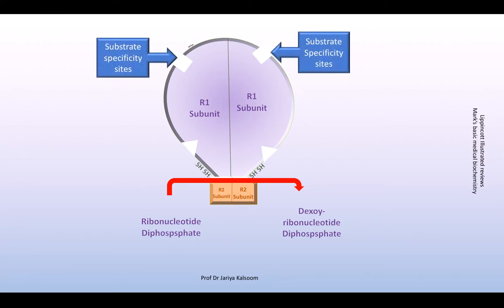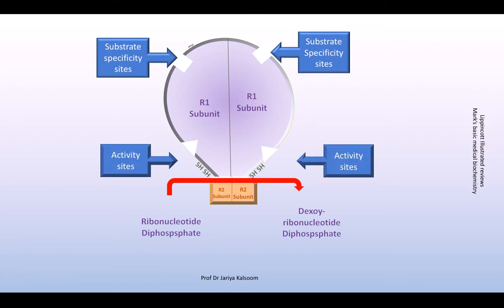Now, the alpha 1 subunit contains two allosteric sites. One is the substrate specificity site, and the other is the activity site. The molecule which binds to the substrate specificity site decides which ribonucleotide is going to be reduced.